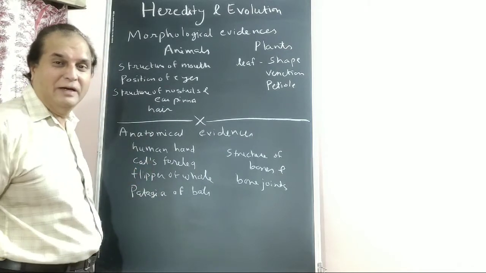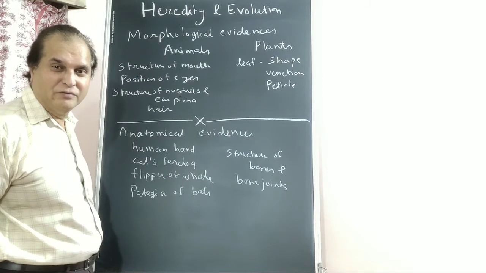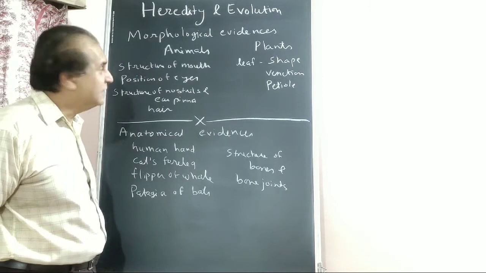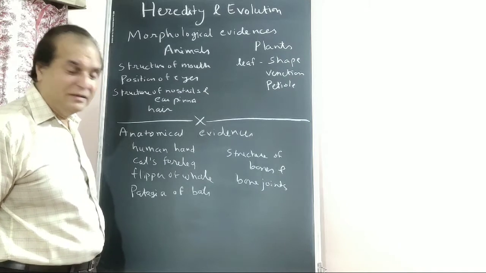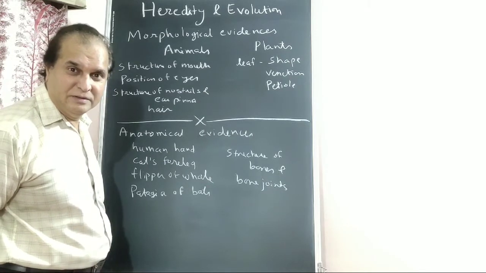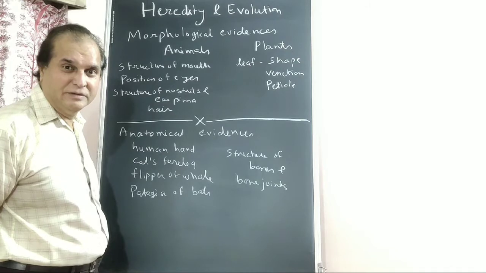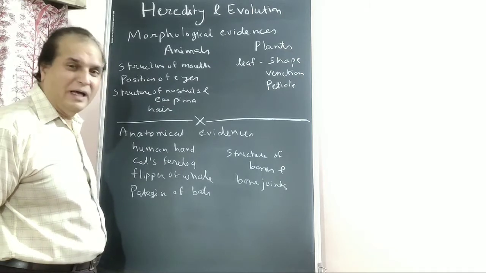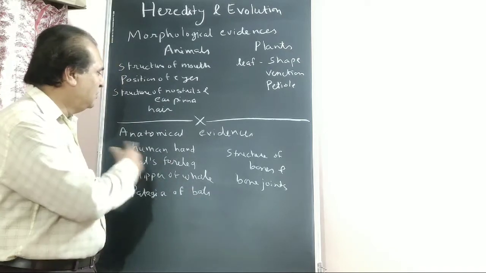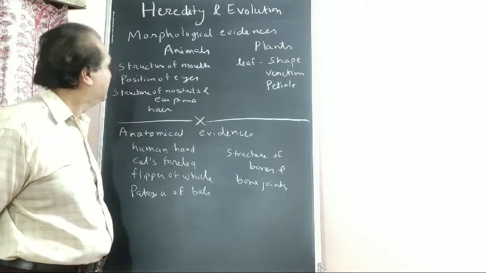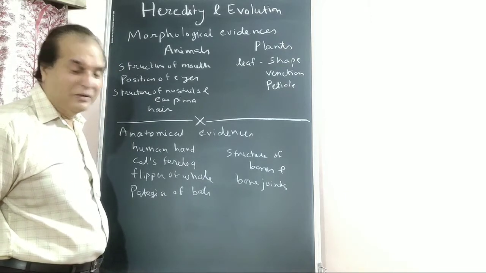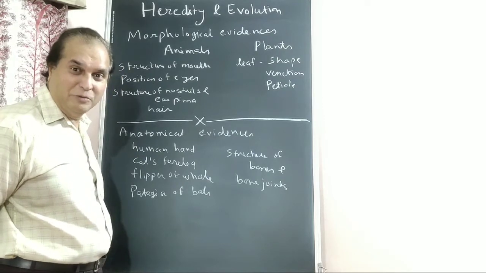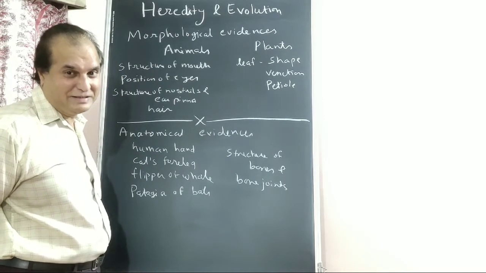This is one of the evidences, proof that the theory of evolution is right. There are many more proofs we are going to put. And you have to accept and write a short note. Whichever comes, anatomical evidence, morphological evidence, you have to write in the exam. More proofs we'll see.